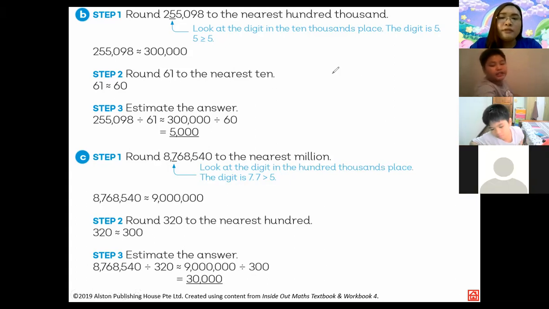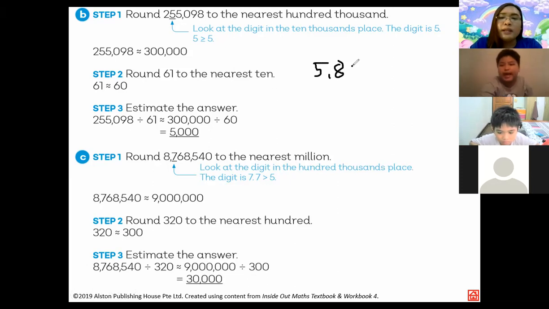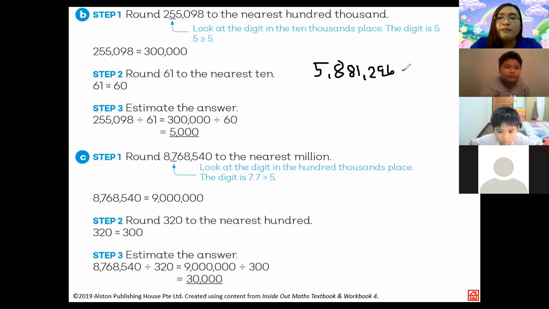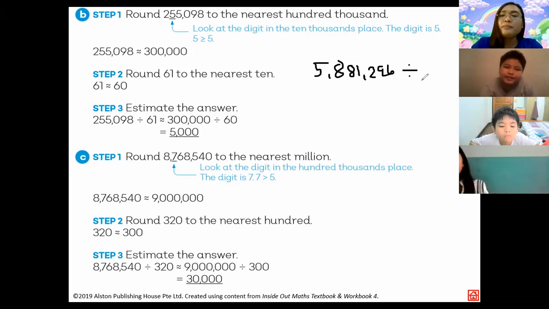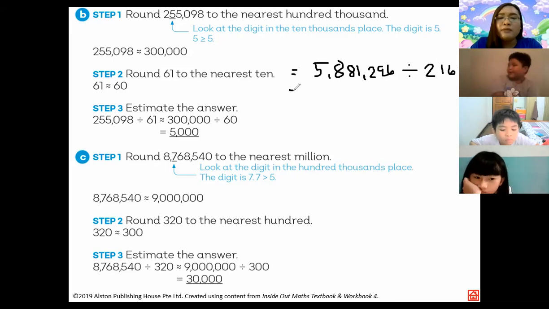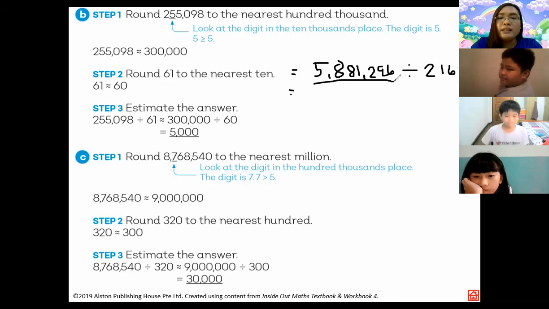I have 5,881,296 divided by 216. Okay, first we have to estimate the dividend.